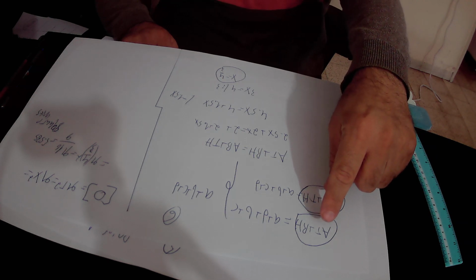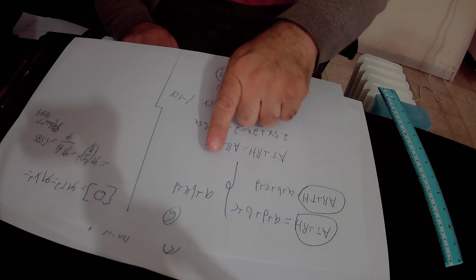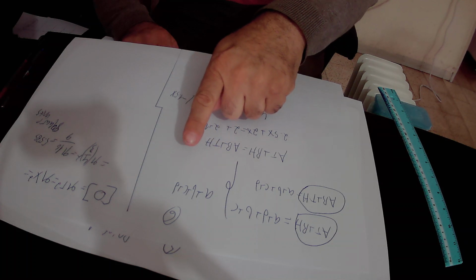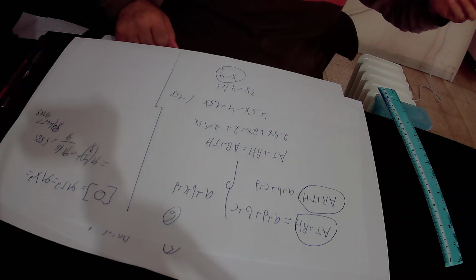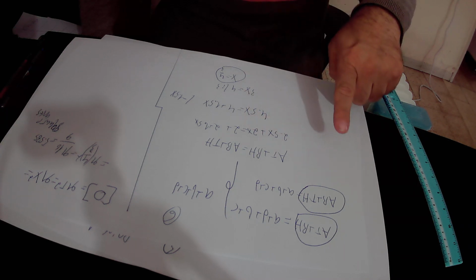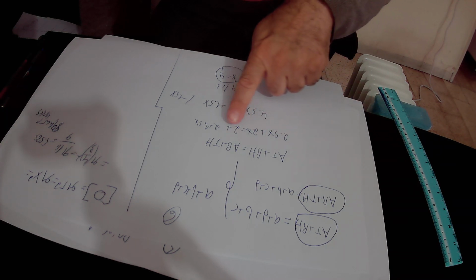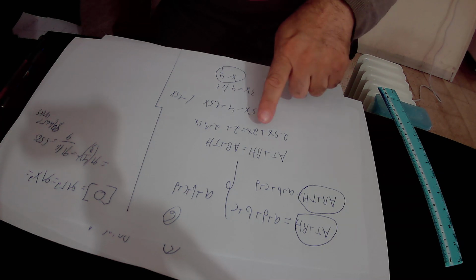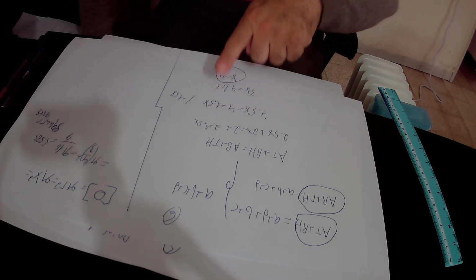So those two expressions are both equal to a plus b plus c plus d, therefore they must be equal to each other. So you can write that AT plus BH equals AB plus TH.